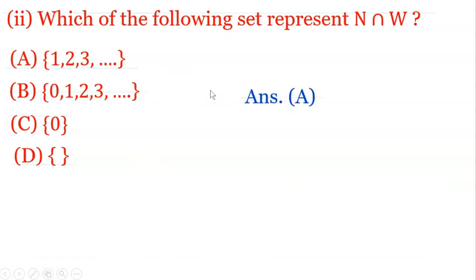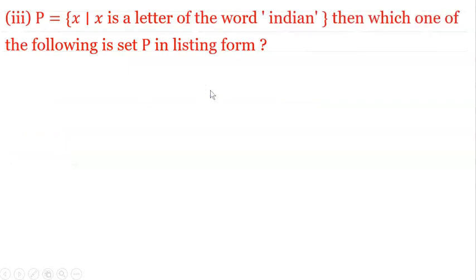Okay. Now the next example. P is equal to {x such that x is a letter of the word Indian}. Then which of the following is the set P in listing form?